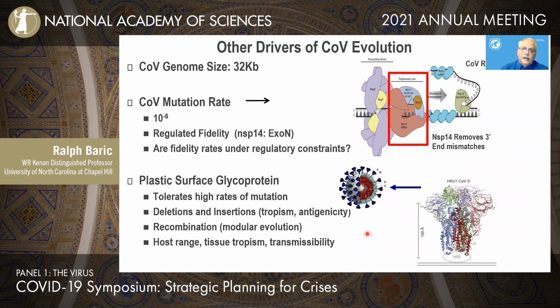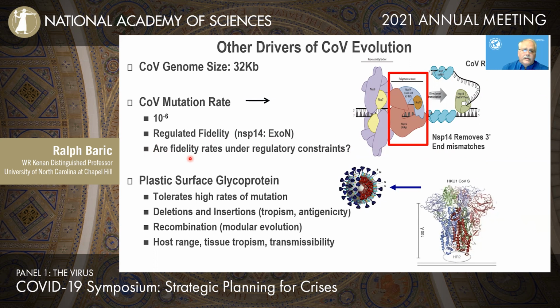Now, another important driver of coronavirus evolution is the mutation rate. Mutation rate is around 10 to the -6. One out of every million bases is a mistake. This was important for viability of the large coronavirus genome. And they have a regulated fidelity component called NSP14, which removes mismatches from the 3' end of growing nascent strands.